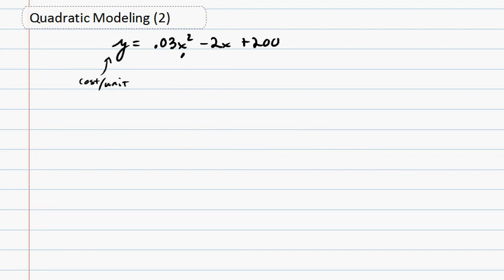Okay, and these x's stand for the number of units. Alright, so they might ask you a few questions like this. Like if we don't know much about the situation, but we have this model, we can ask, what is the cost per unit if we make 10?